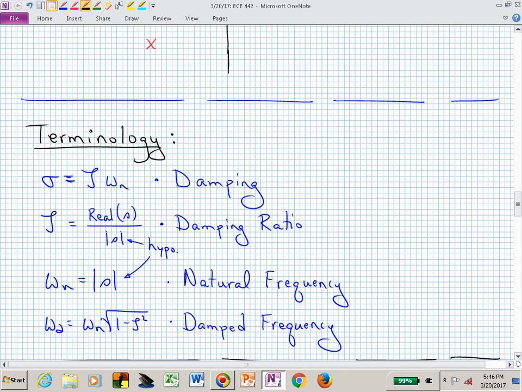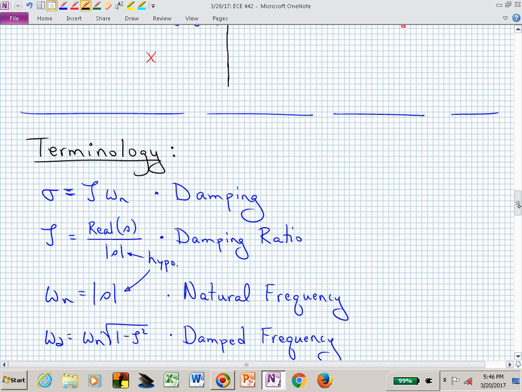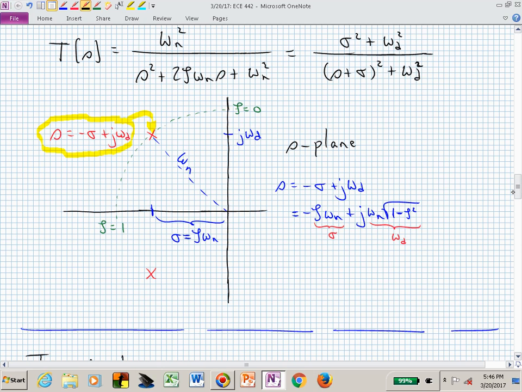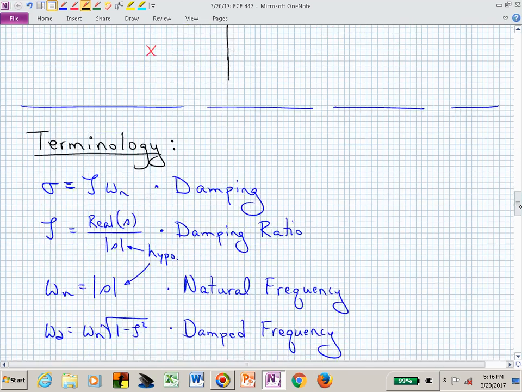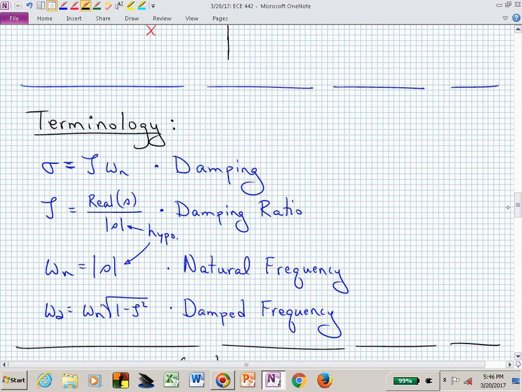The magnitude, the distance away from the origin, is our natural frequency, and that could be with zeta equal to 0, where we have a pure oscillation and no damping, or when zeta is equal to 1, when we have now two real equal poles at minus omega sub n, and no complex or imaginary component.